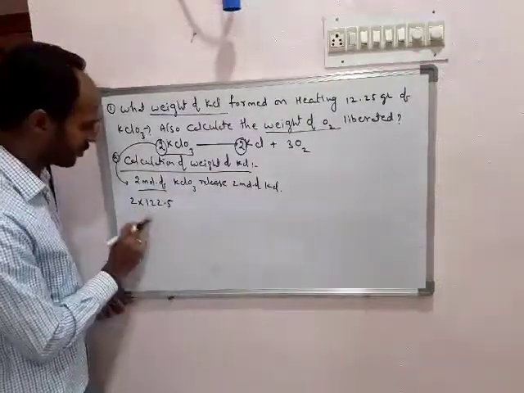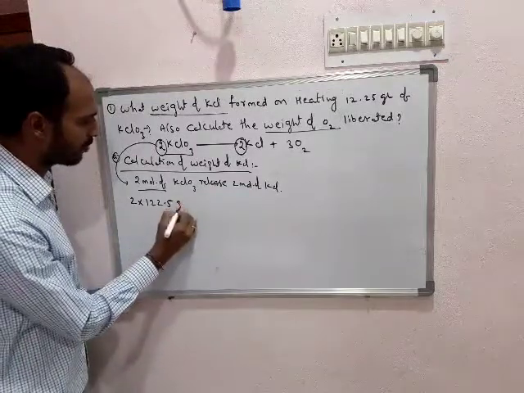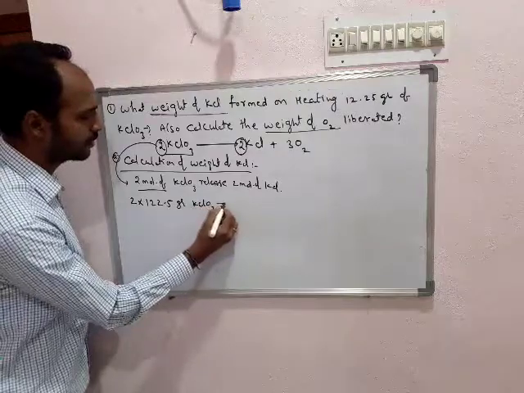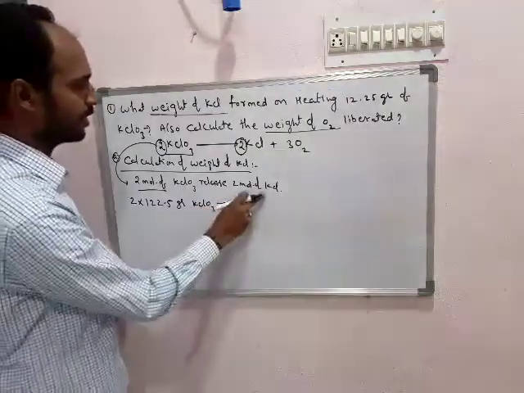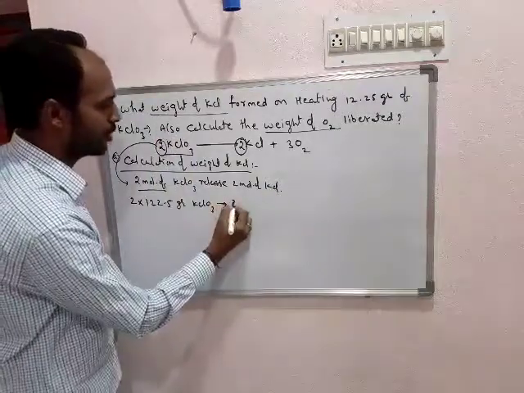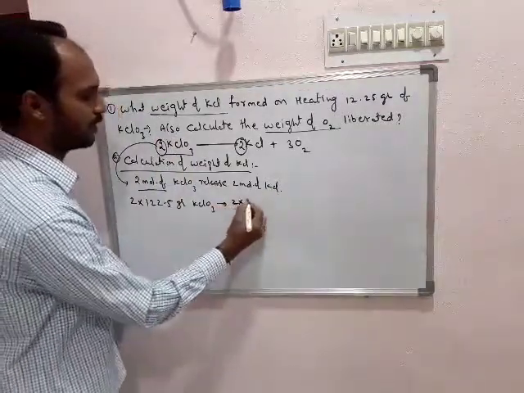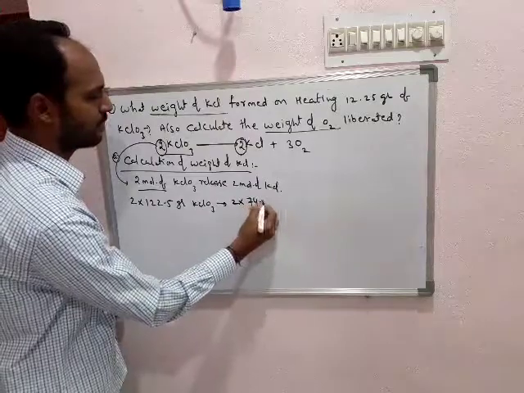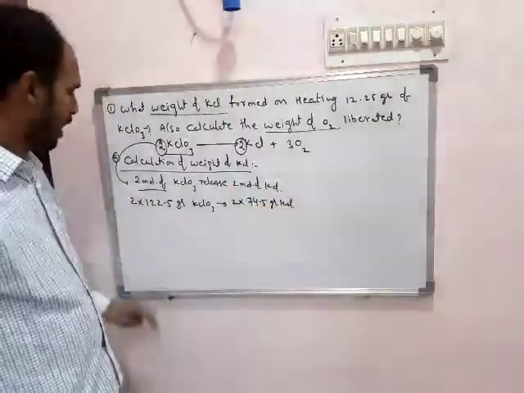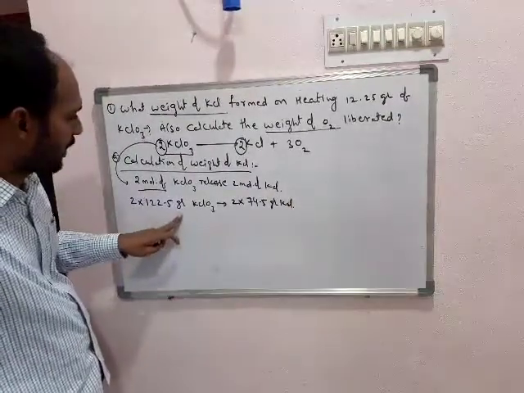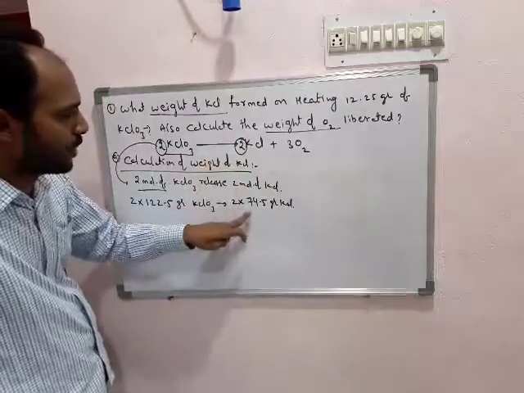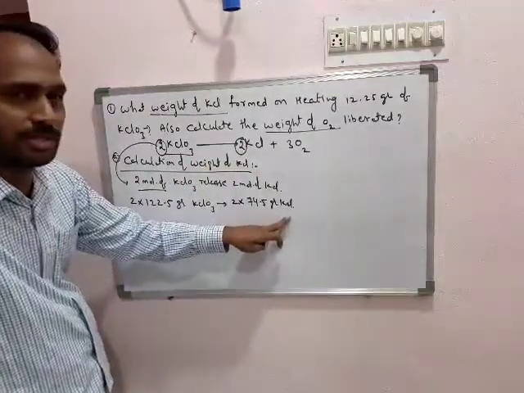According to the balanced equation, 2 into 122.5 grams of KClO3 releases KCl, which also must be calculated in weight: 2 into its molecular weight, 74.5 grams of KCl. Means 2 into 122.5 grams of potassium chlorate on heating releases 2 into 74.5 grams of KCl.